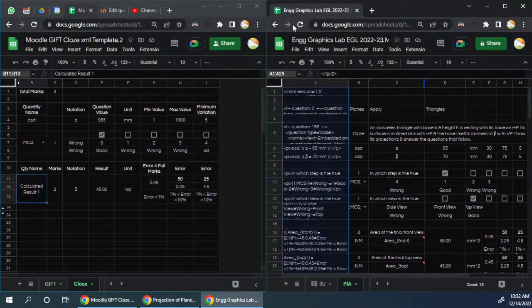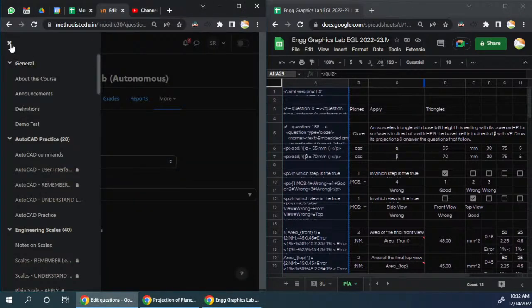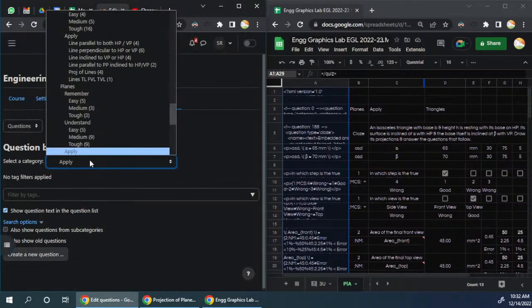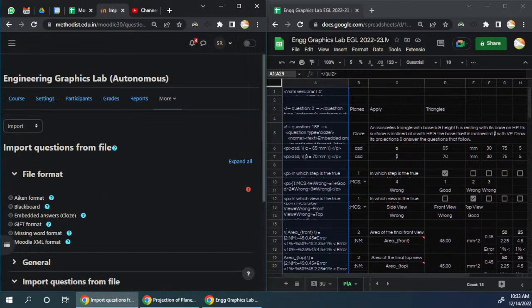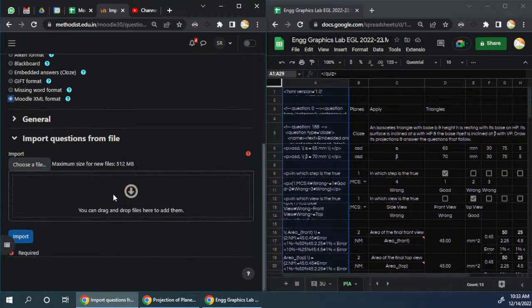Alright, so I guess we're ready for this. Let's go here. Then we're going to go for import. The XML file version is what we want to import. Let's go there, import.